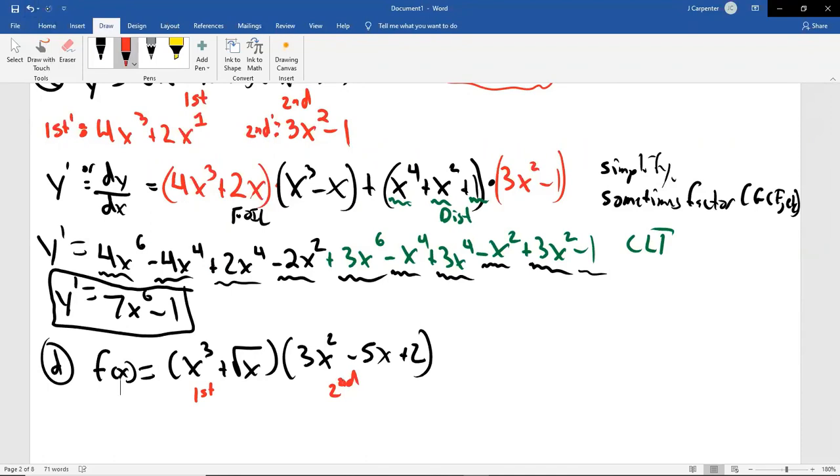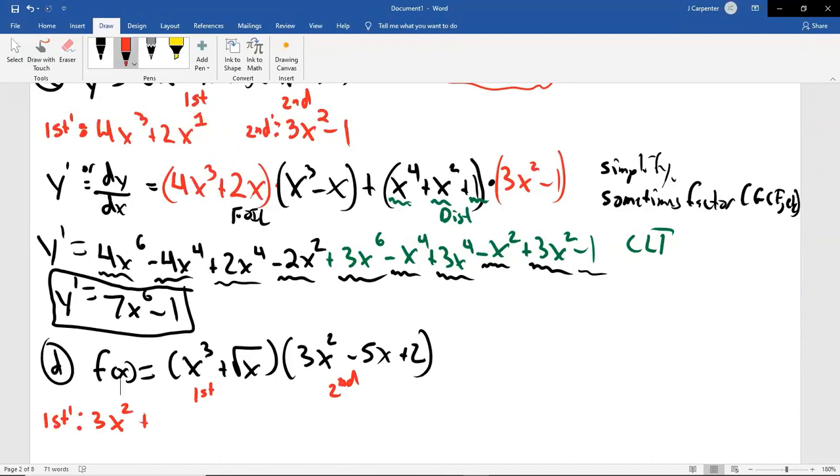So when you take the derivatives of those things, if you think about them as their own quantities, the derivative of the first is going to be a little bit more work because of the square root of x. When we take the derivative of x cubed, that's going to be 3x squared. The exponent goes out front, and then it decreases by 1. Plus, now the derivative of the square root of x, we did this last class.